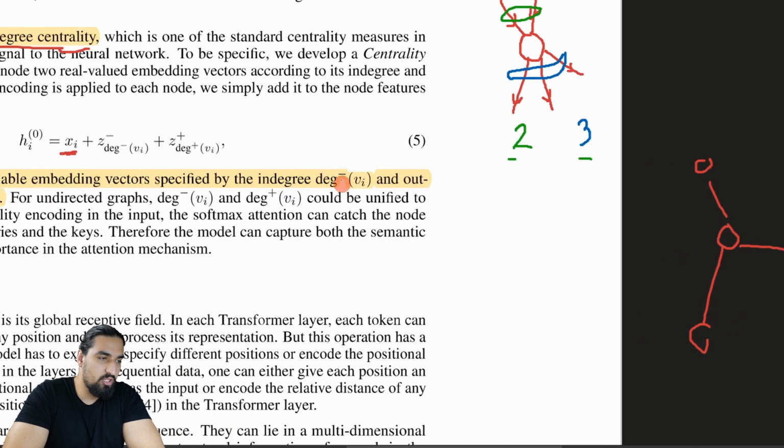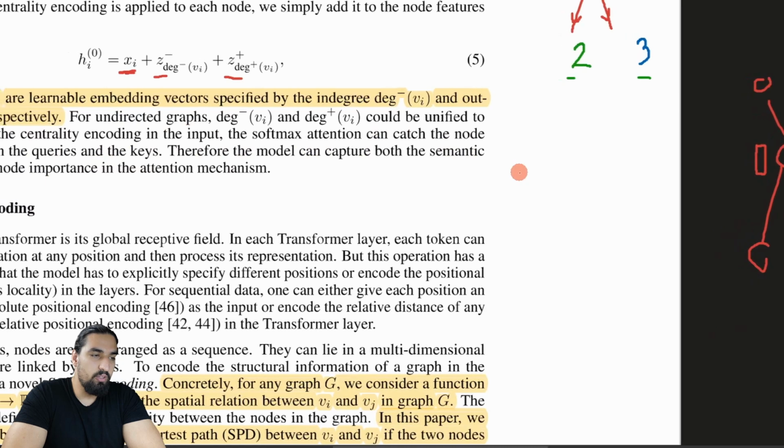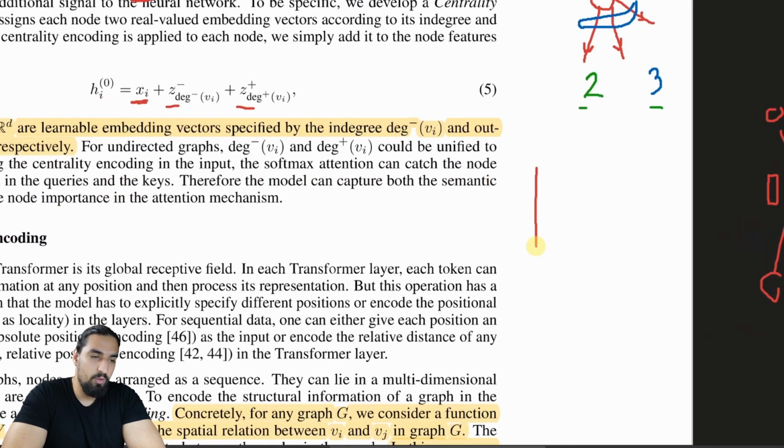You have the original xi, that's the original feature vector, and you add to that feature vector these additional embeddings. They form a table which has 2 columns. One column corresponds to the in degree vectors, and the other corresponds to the out degree vectors.